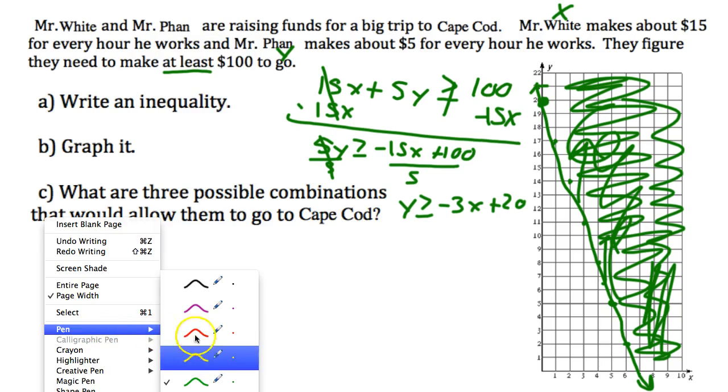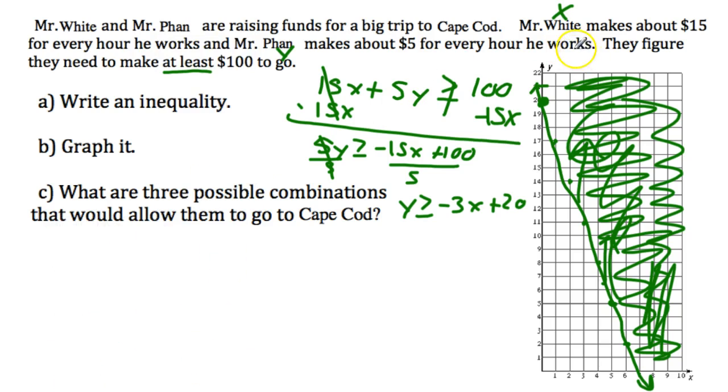So if we remember, who is X? Mr. White. And Mr. Fawn is Y. So I can choose any point on this line, because it's solid, or above it. So let me choose this point right here. That is, if I go down, X is 5 and Y is 11.